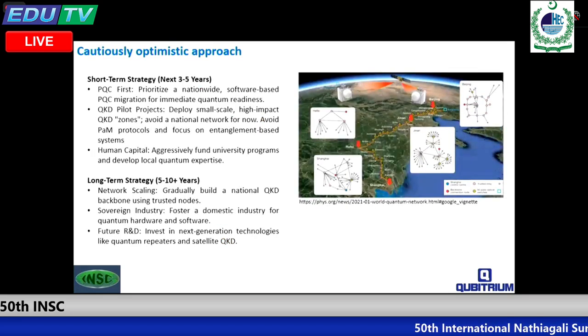So let's talk about this cautiously optimistic approach. I just put it into two segments. Short-term strategy. By the way, I would like to mention that I'm writing a national security plan for the Presidency of Defense Industries of Turkey. We are preparing a roadmap for Turkey, and I'm writing the roadmap for the quantum communication side.